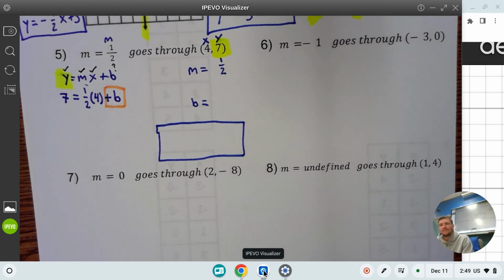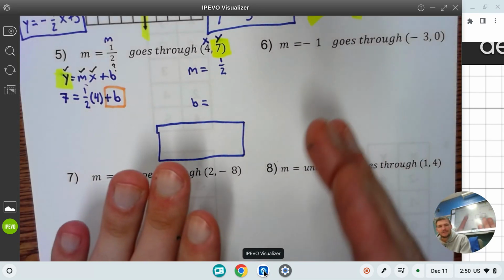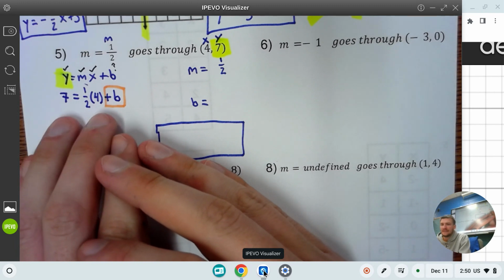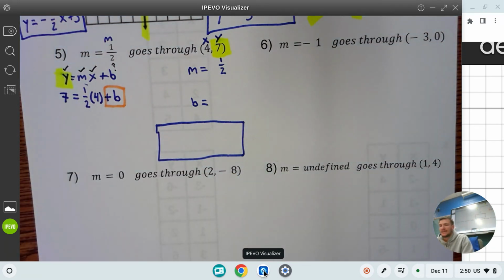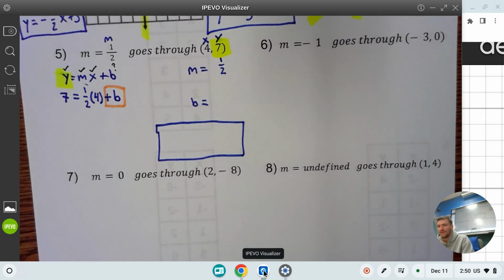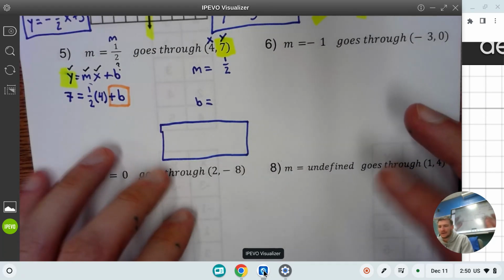Now some people, they're like, okay, I can do this. They're feeling confident. They write their y equals mx plus b. Then they plug the numbers in, and they're like, Mr. Collier, I don't quite know what to do. If you can get this far, you did all the hard stuff, right? Only easy stuff left. Multiply, move. Every single question.